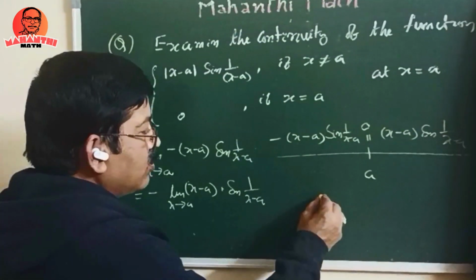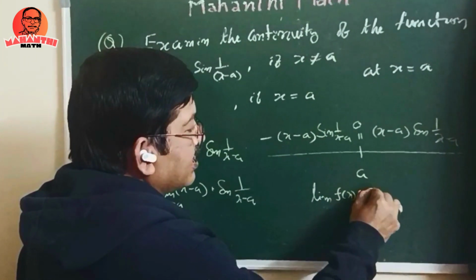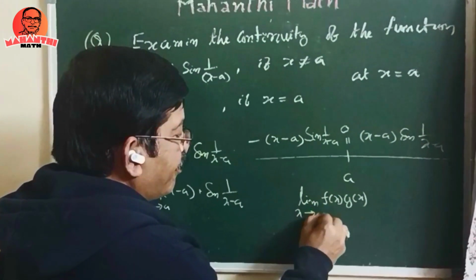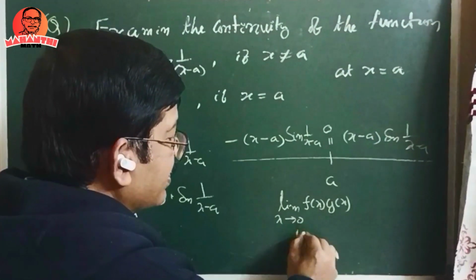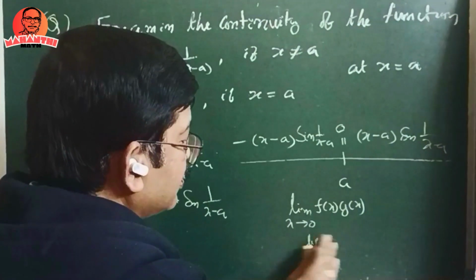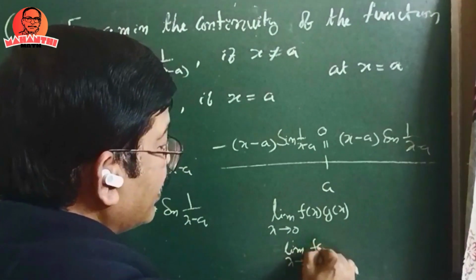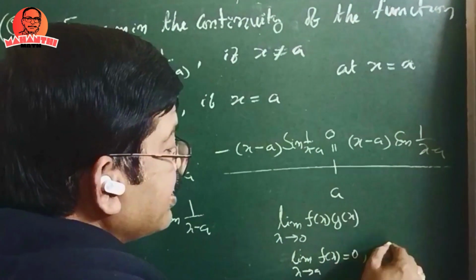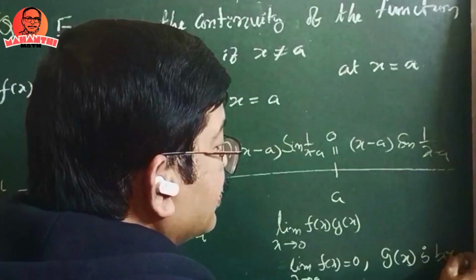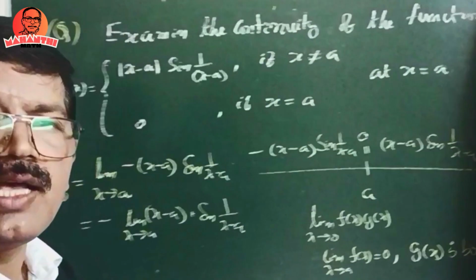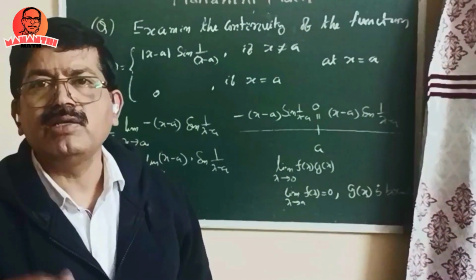Here one important thing I will tell. Suppose you want to calculate the limit of f of x into g of x, x tends to a. If you know that the limit of f of x is 0, and g of x is a bounded function. Bounded means lies between two finite numbers, one minimum value, one maximum value.